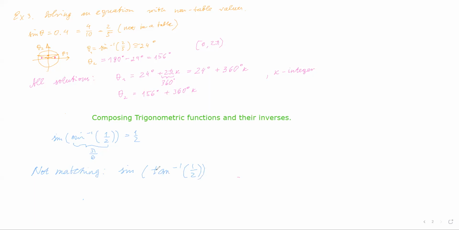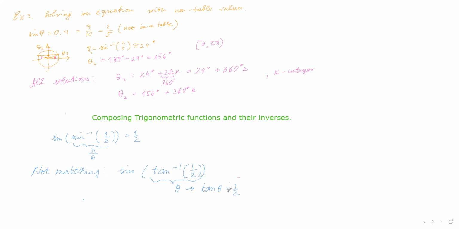The cancellation equation works for the same function, not for two different functions. How are we going to solve it? Well, guys, first, tangent inverse gives you the angle back, right? That's going to be theta. So tangent inverse of 1/2 equals theta, from where we can say that tangent of theta, because they are inverses, is going to be 1/2, right?